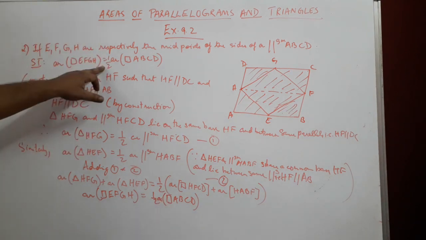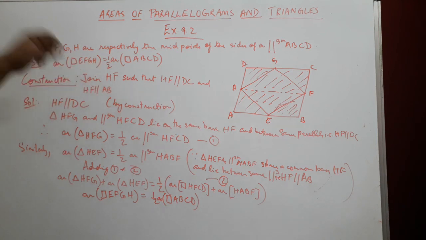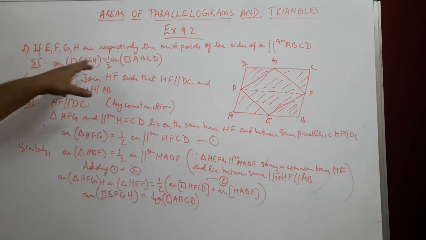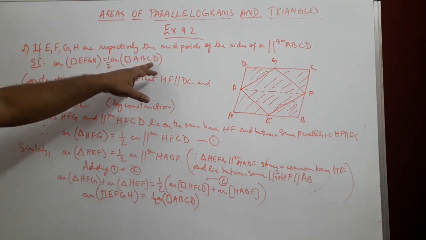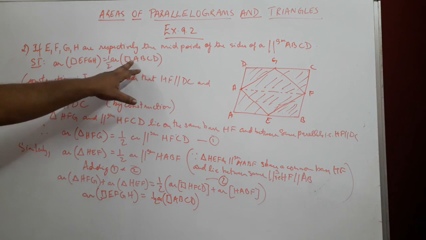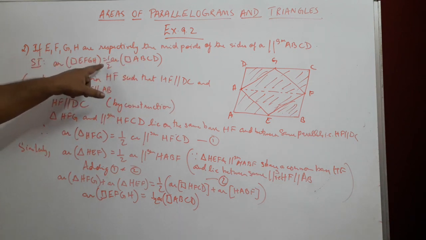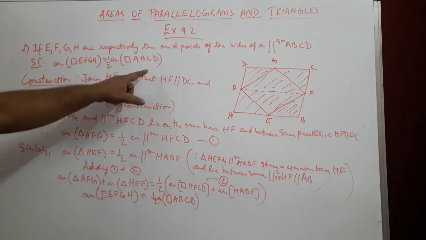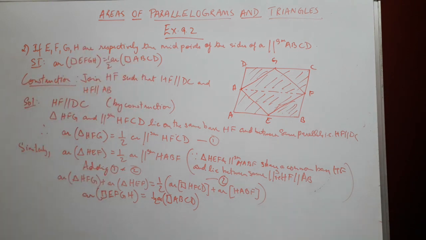There was a half here which I had not mentioned before, but this is what we are asked to prove, area of quadrilateral EFGH equal to half the area of quadrilateral ABCD, and that's what we have finally proved.